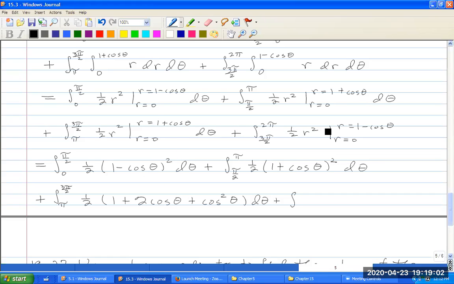And then 3 pi over 2 to 2 pi, and this will give you a 1/2 times 1 minus 2 cosine theta plus cosine squared theta d theta. Obviously, these are the same, and those are the same.